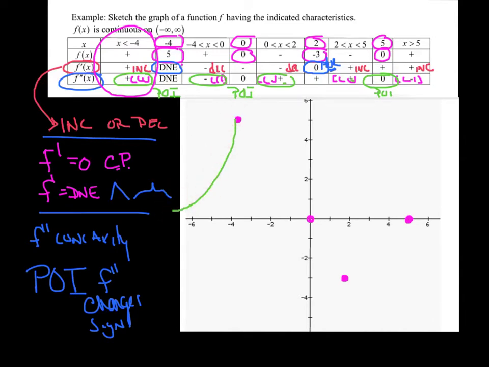All right, when I get to -4, I have to reach a height of 5. The derivative doesn't exist there, so I'm coming to a cusp. And it should be a point of inflection, so I should change from concave up to concave down. Okay, so keep in mind I want to see a corner there. All right, between -4 and 0, between these two points, you have positive y values, so you're above the x-axis.